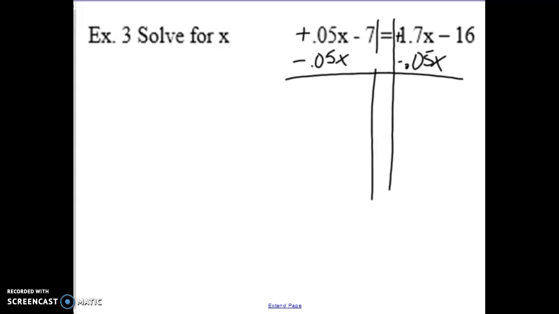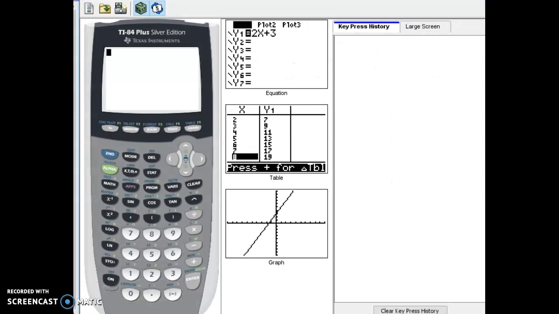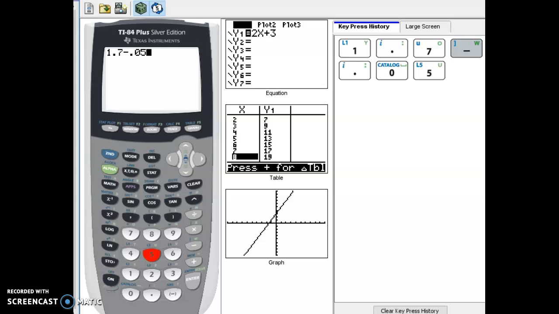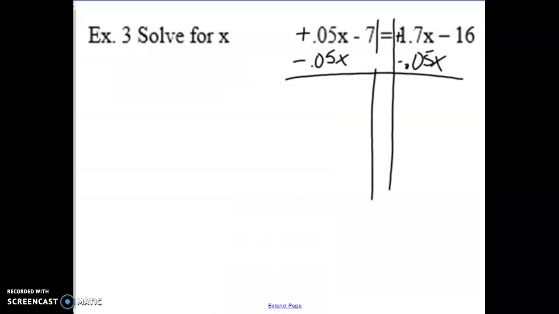Now, if you're not real comfortable with subtraction, please don't be afraid to use that calculator. And 1.7 minus 0.05, and you'd end up with $1.65, right? If you had $1.70 and you subtract 5 cents, it's $1.65. And if you think of decimals in terms of money, I find it to be easier than just looking at it as a regular number, okay?